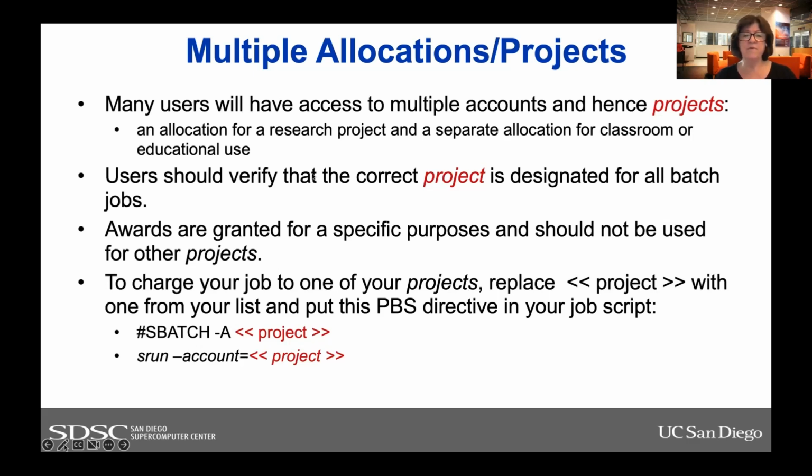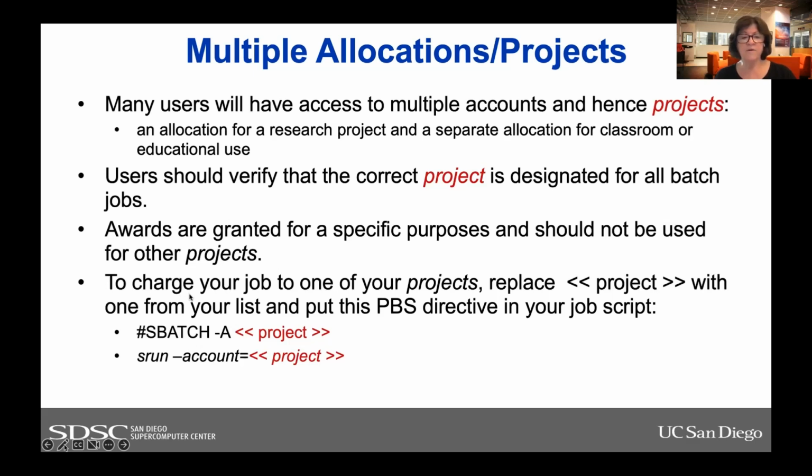The PI of your project that you have allocation on worked very hard to get those allocations. They're very competitive, and they want to manage them correctly. So make sure you're using the one that the allocation is intended for on the application you're running. They are granted for specific projects, so be careful with that.